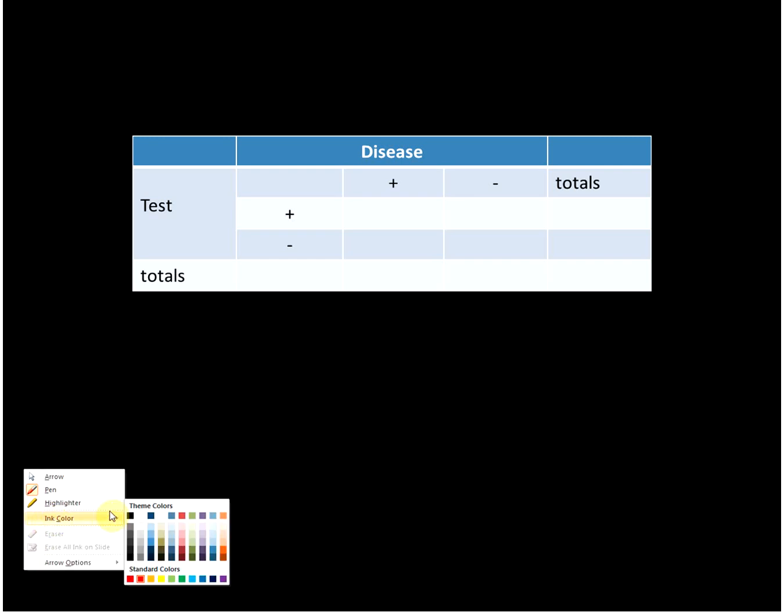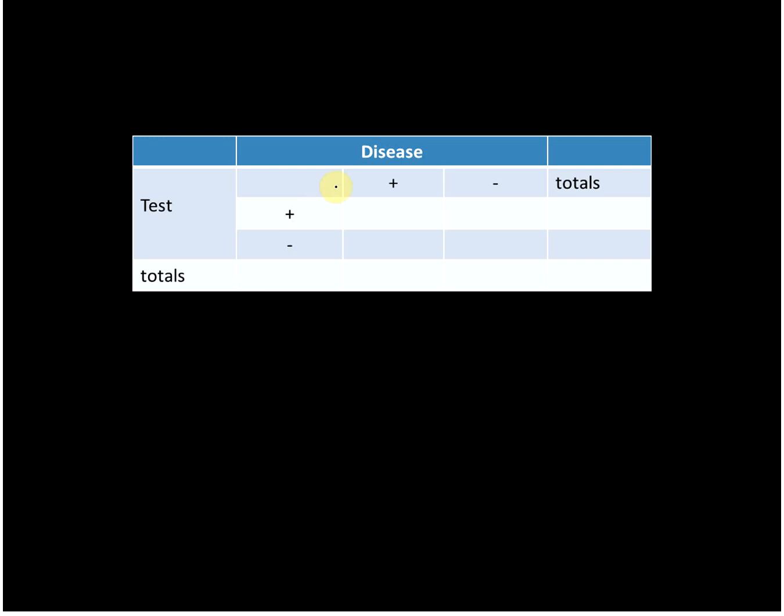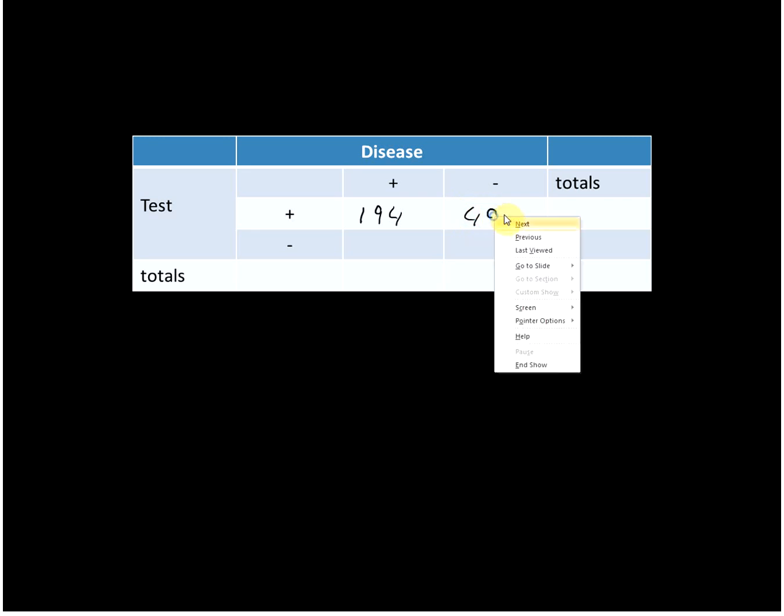Let me just quickly change the color. For the positive test and positive disease, we said we have 194. And if we don't have this disease but test positive, this is 490.